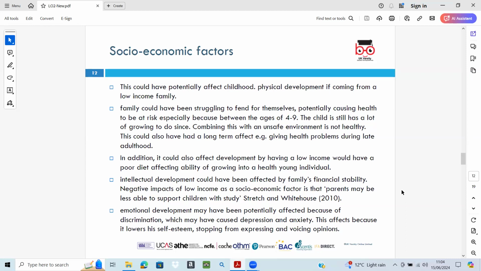So living in a low income area may present safety risks, negatively affecting a child's physical health and sense of security. So we have an example. A child growing up in a low income household with limited access to fresh produce and nutritious meals may face challenges in physical development, potentially impacting their long-term health outcomes.